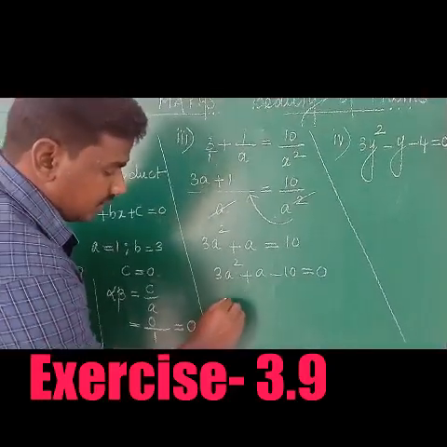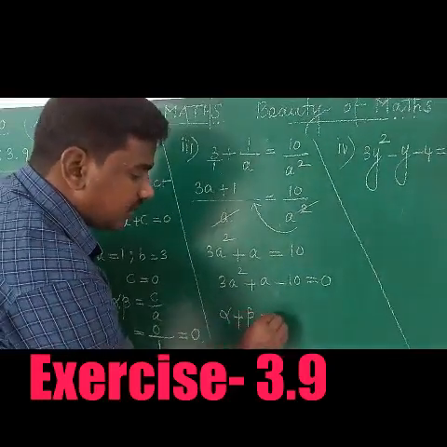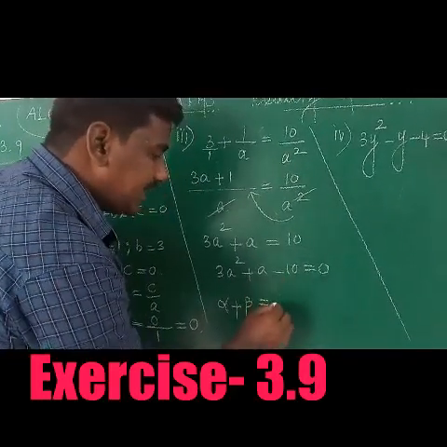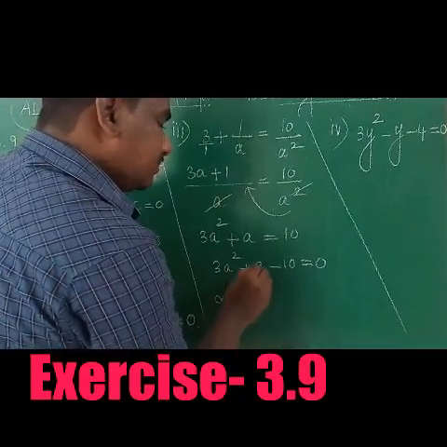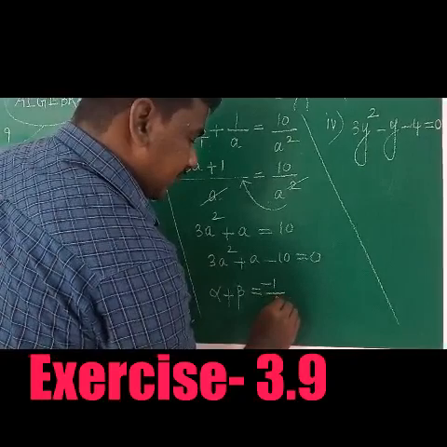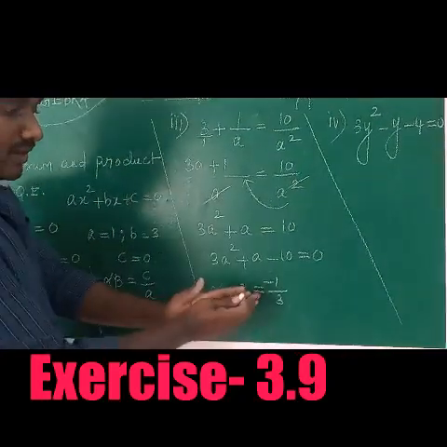Right. So alpha plus beta is equal to minus b by a, where the coefficient of a square is 3. What is b? The coefficient of a, that is 1. Minus 1 by 3. I hope you understand.